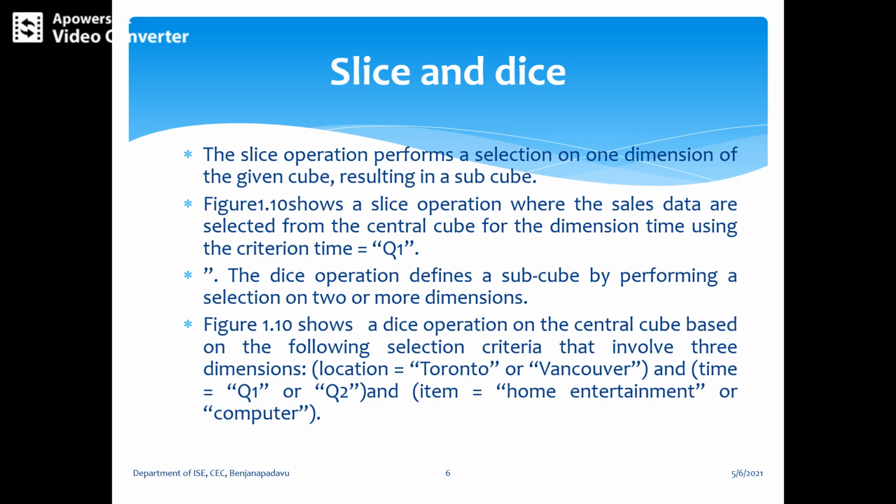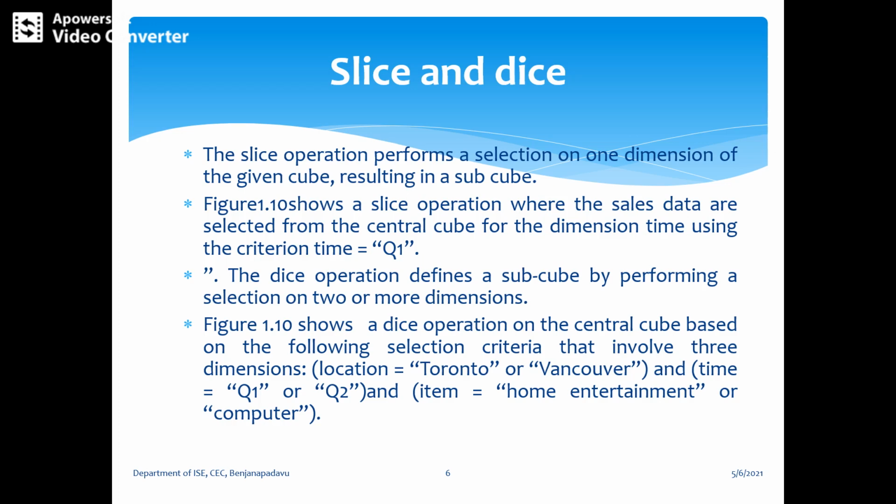The dice operation always has criteria. The diagrammatic representation shows a dice operation on the central cube based on the following selection criteria, which involve three dimensions: location equal to Toronto or Vancouver, time equal to Q1 or Q2, and item equal to home entertainment or computer. This is slice and dice in OLAP.